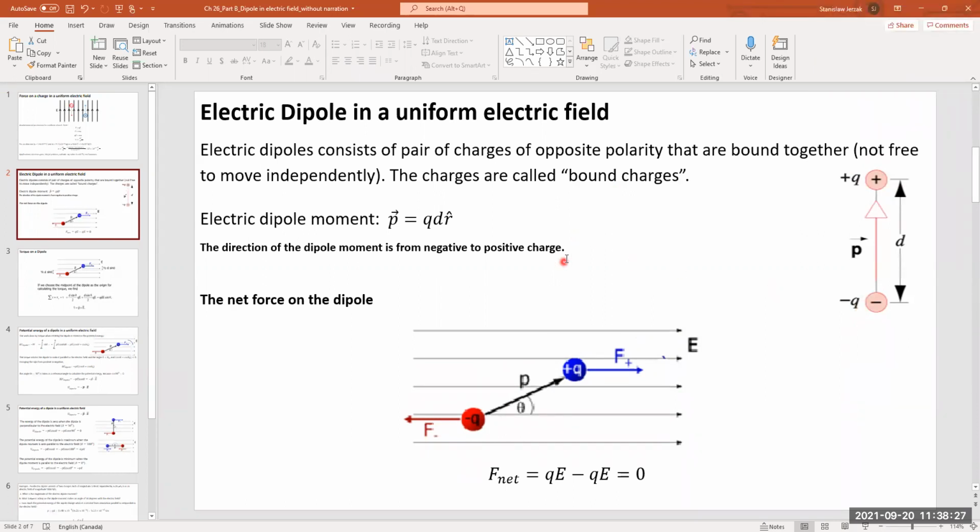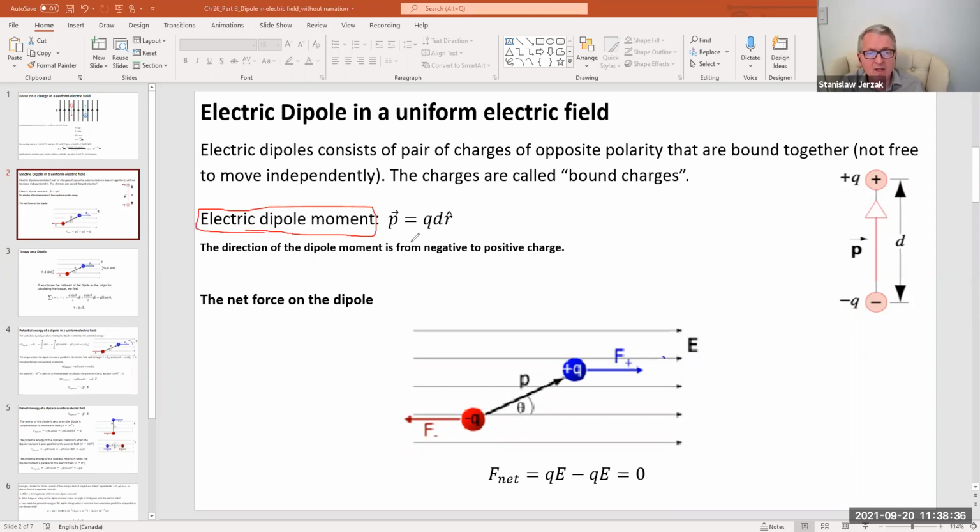And it is convenient to define the electric dipole moment. An electric dipole moment is defined as a vector quantity. The magnitude of that dipole moment is equal to Q times d, where Q is the magnitude of one of these two charges (remember, they are equal in magnitude), times the separation between these charges. So this is the magnitude of the dipole moment, Q times d.